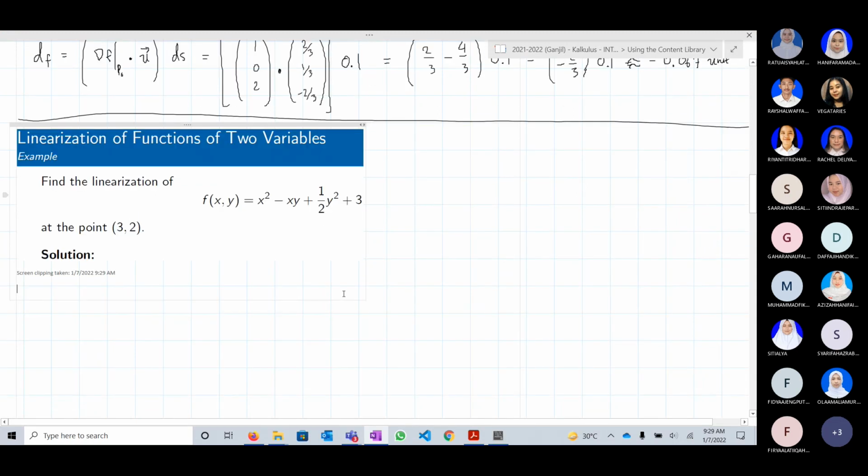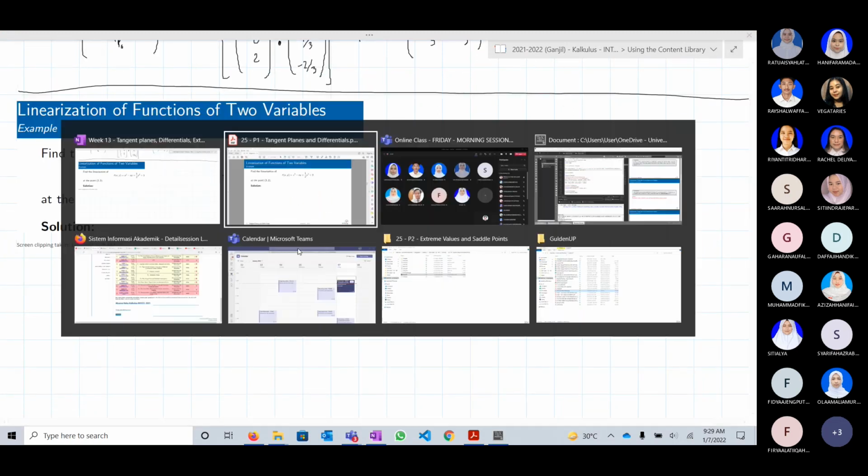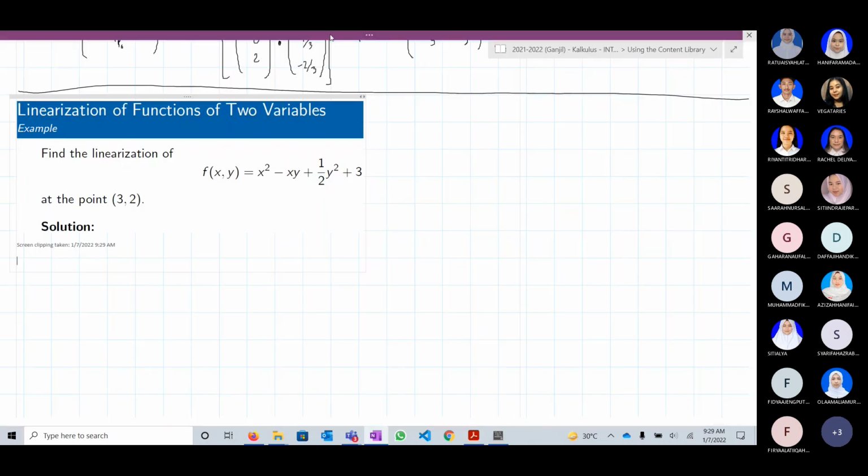Find the linearization of this function at the point (3, 2), and let me also put the formula here.